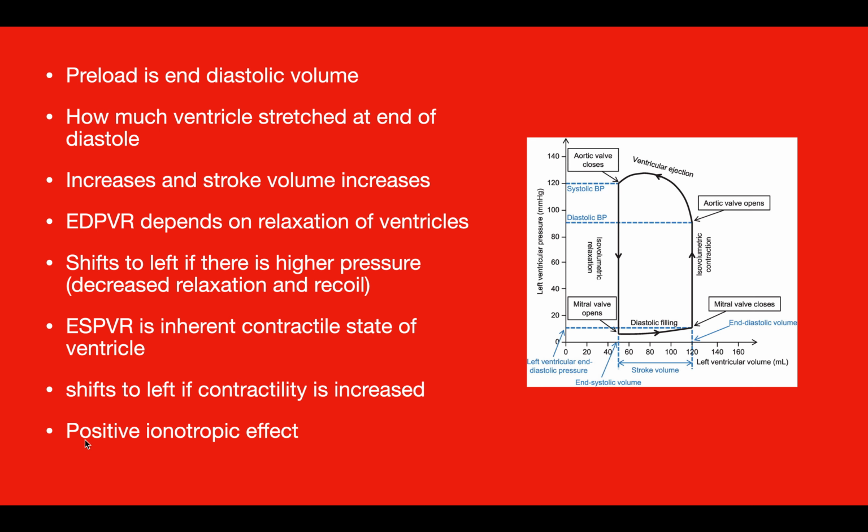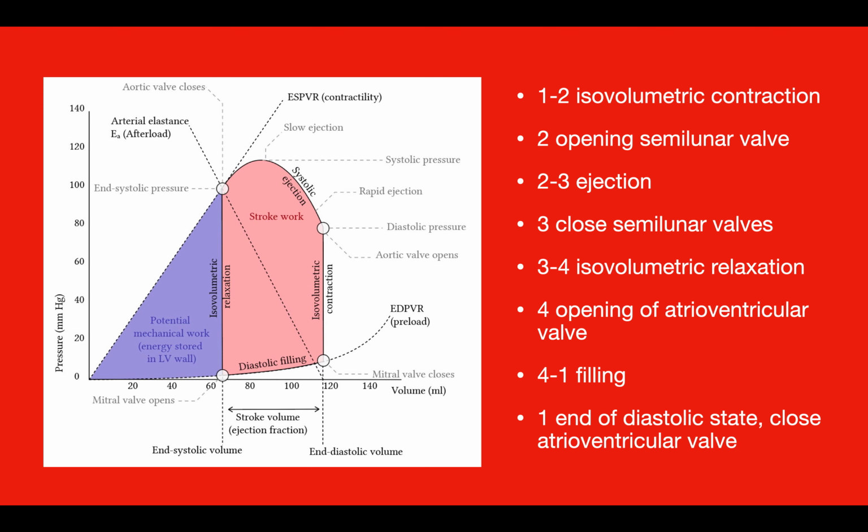And all of this is related to the positive inotropic effect. So inotropic effect is how well the heart contracts, and is ionic because it depends on calcium along with sodium and potassium exchangers. So here's the EDPVR I was mentioning before, and the ESPVR. So preload, contractility.